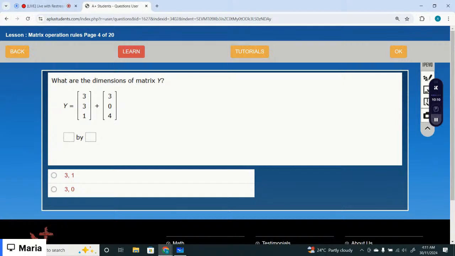Option number 1 is the correct option, that would be 3 by 1.